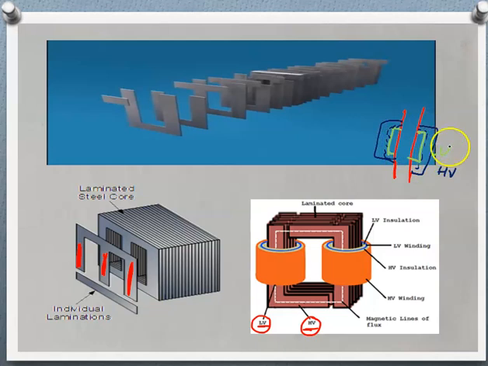The HV winding surrounds the LV winding and the LV winding surrounds this core. In this manner. There are two types of winding we use. One is called concentric winding, and one is called sandwich type winding. Let's see what is meant by that. Concentric and sandwich type windings.